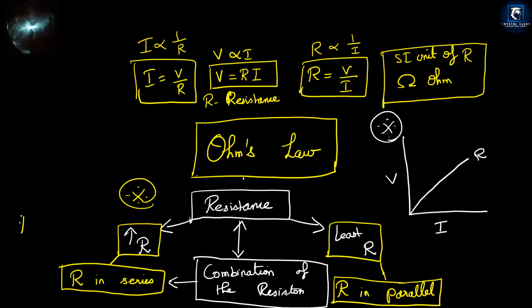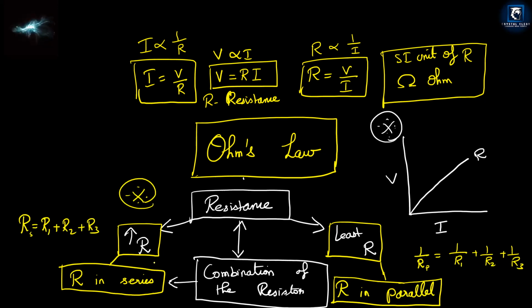R for resistors in series is R1 plus R2 plus R3, whereas resistors in parallel, you can write RP or equivalent resistance, is 1 by R equal to 1 by R1 plus 1 by R2 plus 1 by R3. So it's just a sketch about the resistance. In further videos, I'll give you a derivation video next, followed by a numerical video.